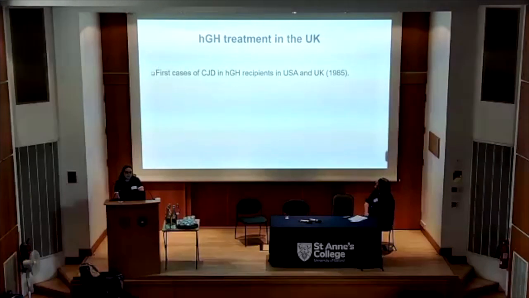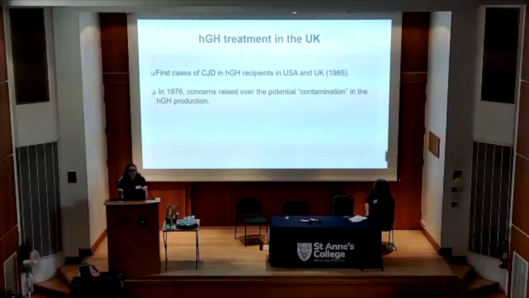The first cases of CJD associated with human growth hormone were identified here in the UK and in the United States in 1985. However, when we're talking about the subject of human growth hormone, it's extremely important to be aware that scientists did alert the MRC and the Department of Health to concerns over possible contamination of the human growth hormone with prions as far back as 1976.